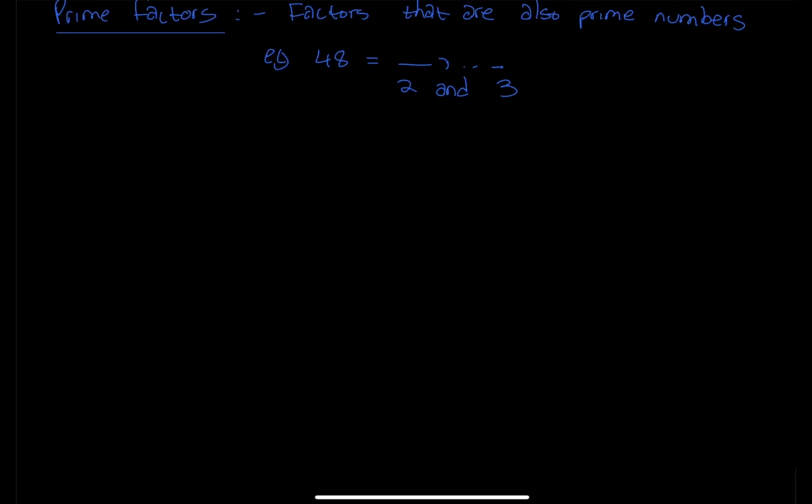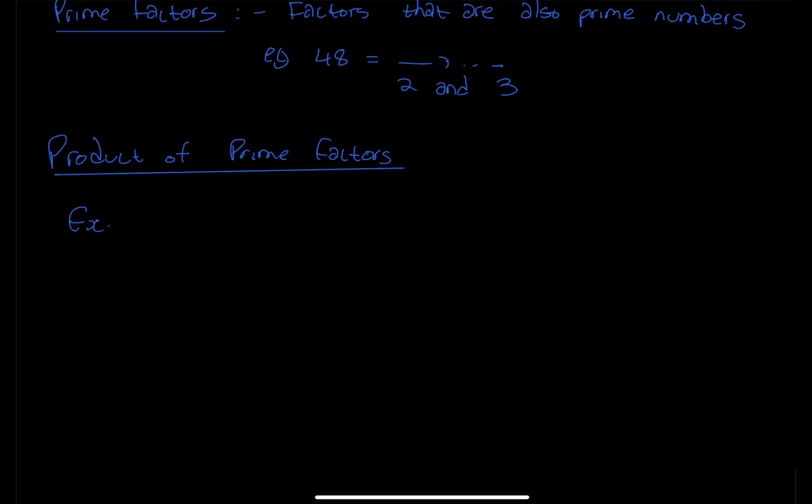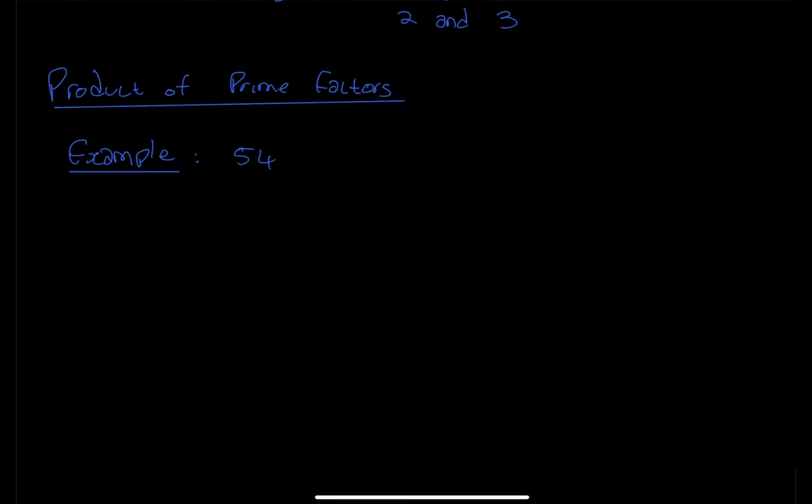Right. Now let's look at something called product of prime factors. To explain this, let me use an example. Let's say the number 54. To find the product of prime factors of 54, you would want to divide 54 into two numbers that, when multiplied, will give you 54.